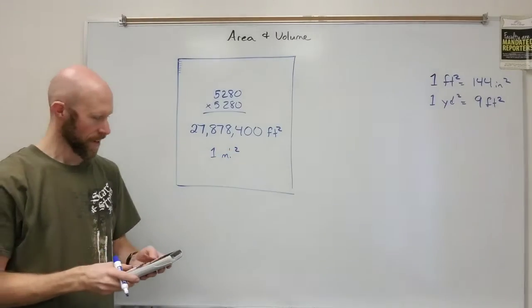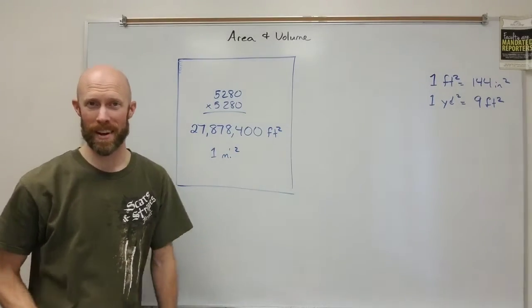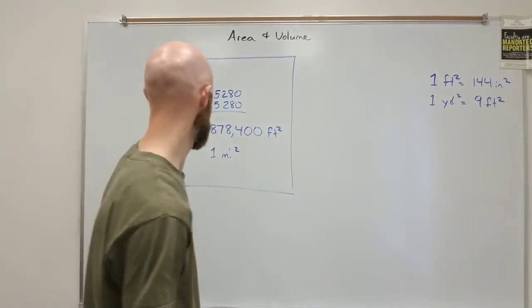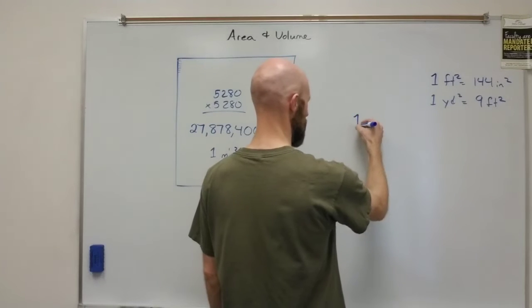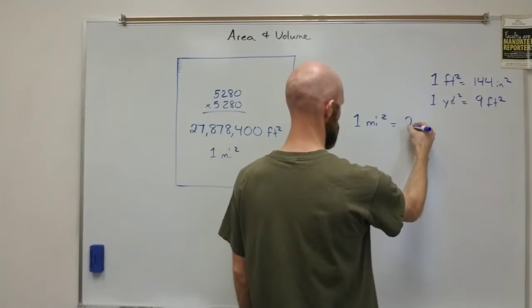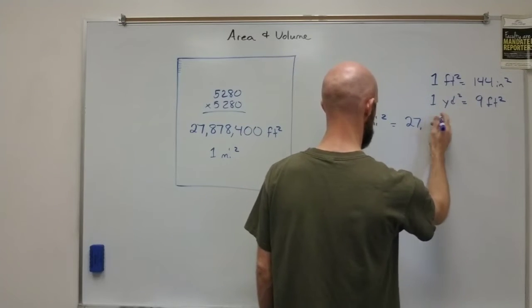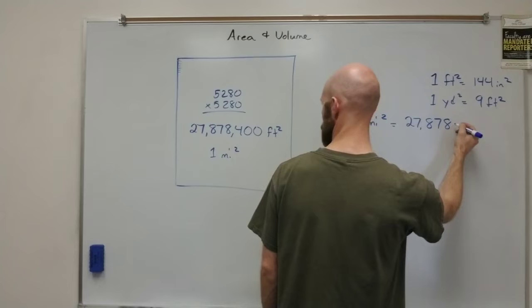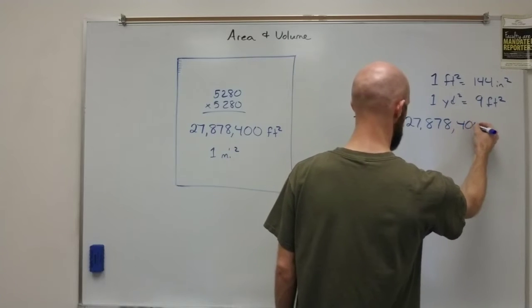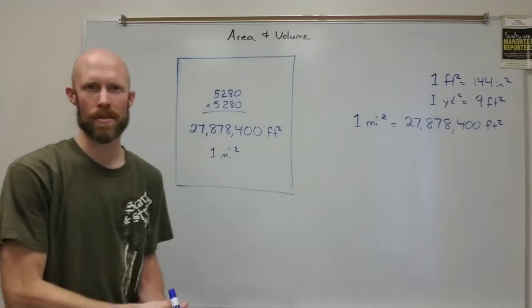Okay, so that's awesome. That's a conversion you almost never use, all right, but it's there, it exists. So 1 square mile is 27,878,400 square feet. That one's awesome.